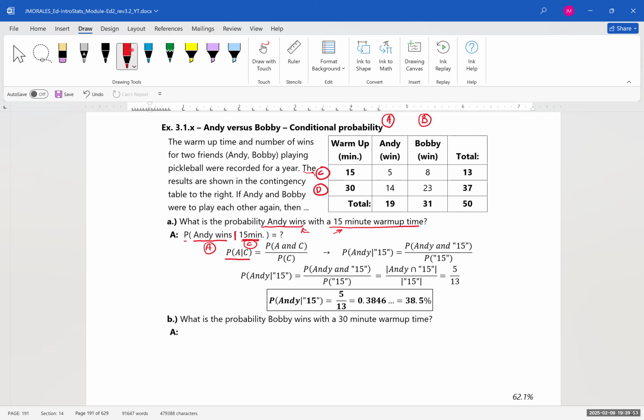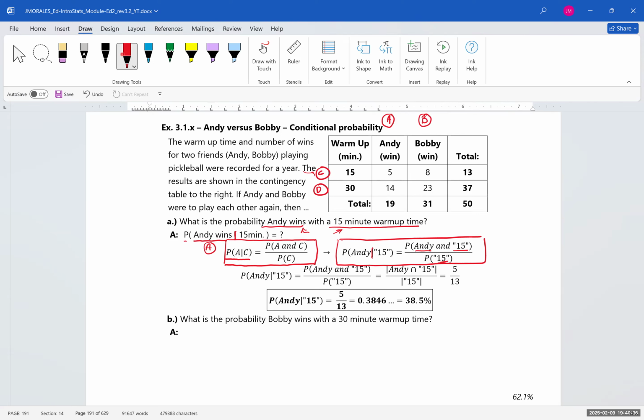And the equation for calculating conditional probability is the probability of A given C is equal to the probability of A and C divided by the probability of C. So this equation, when rewritten within the context of our problem, is this one. The probability of Andy winning given a 15-minute warm-up is equal to the probability of Andy winning and a 15-minute warm-up divided by the probability of a 15-minute warm-up during the course of a year.